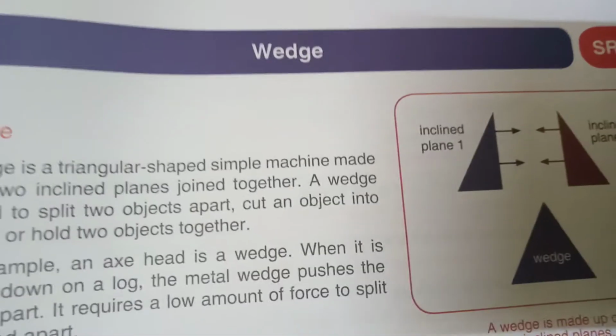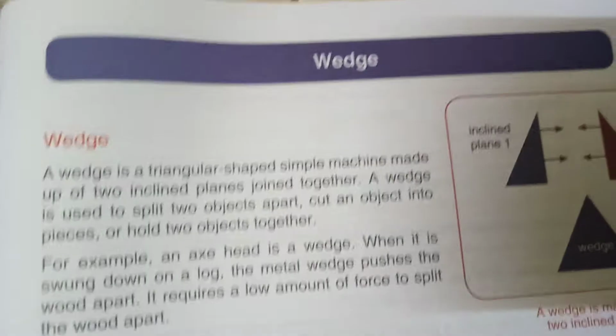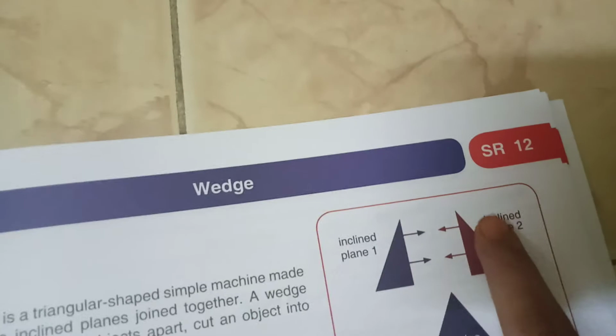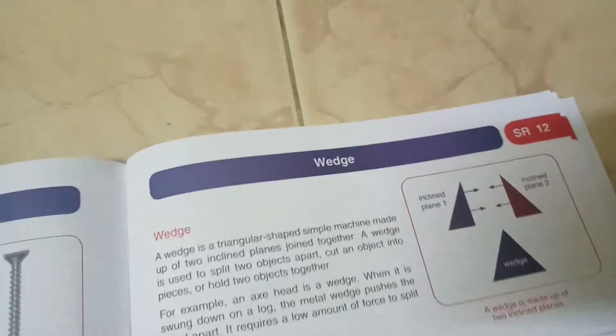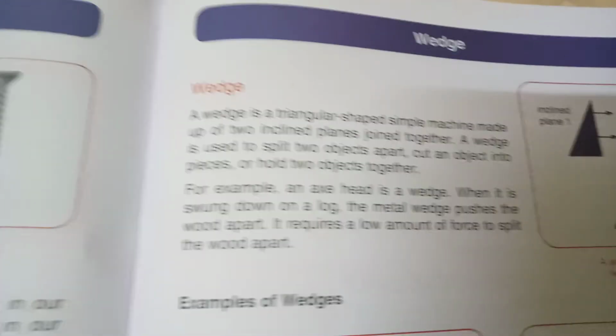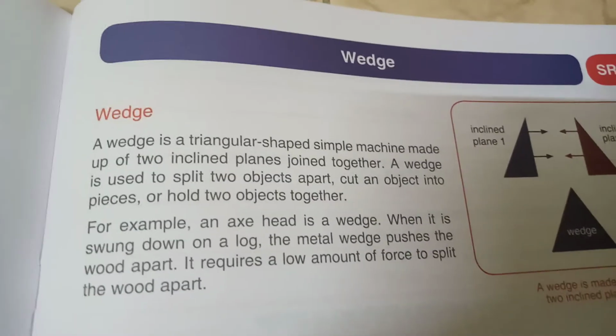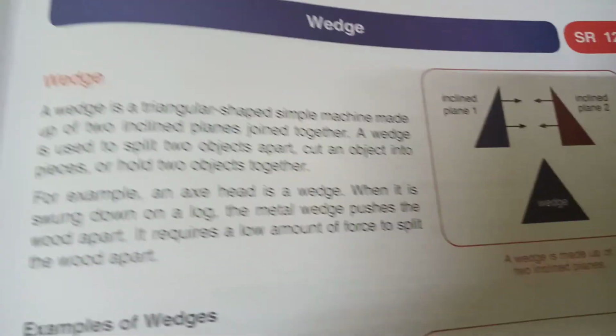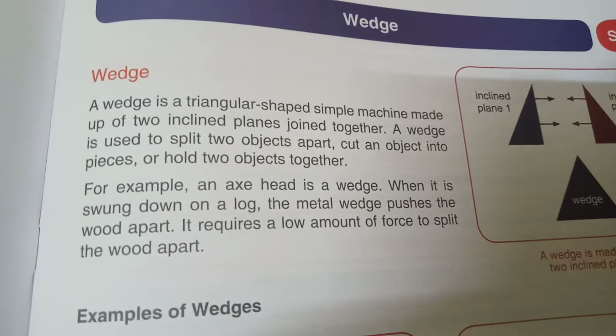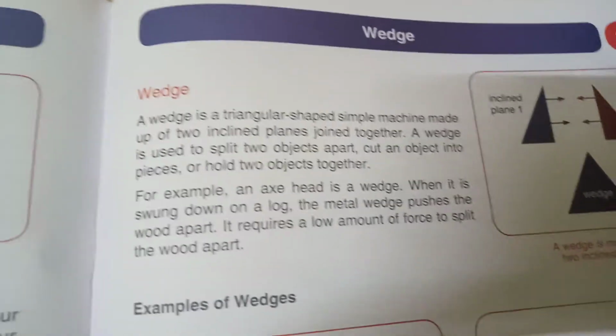Okay. Then wedge. What is a wedge? A wedge is a triangular shaped simple machine made up of two inclined planes. This is a wedge. In this side an inclined plane, on this side an inclined plane, the slope of the incline. So a wedge is used to split two objects apart, cut an object into two pieces, or hold two objects together.